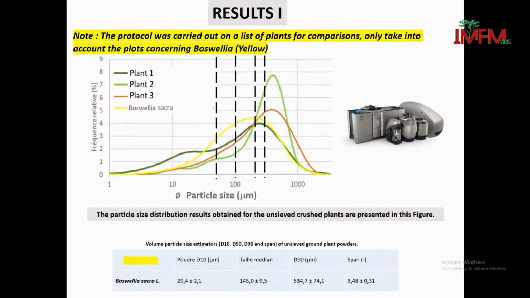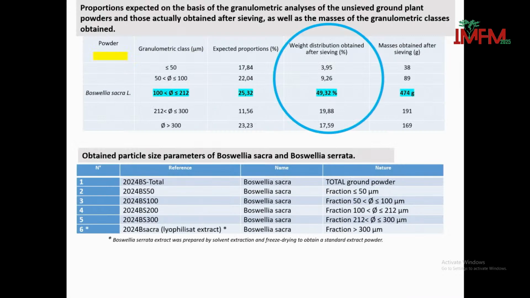We have this yellow curve for Boswellia, and you can see by this distribution that we have six families. The fraction between 100 and 200 micrometers is more important in the distribution. We established this because it will be used for the chemical and pharmacological toxicological study.